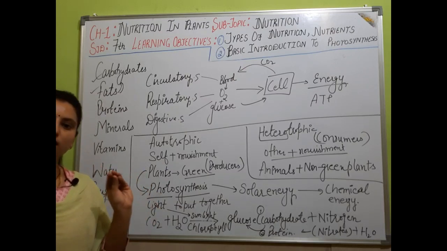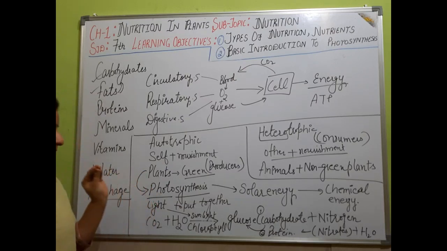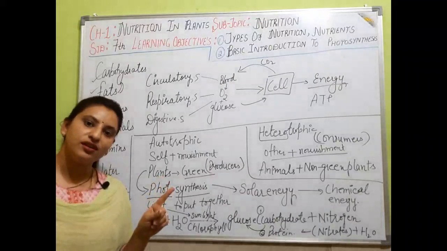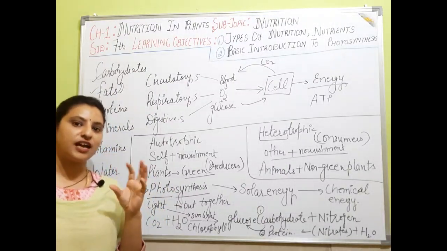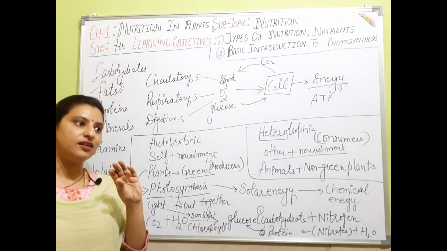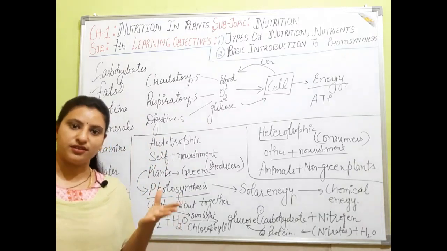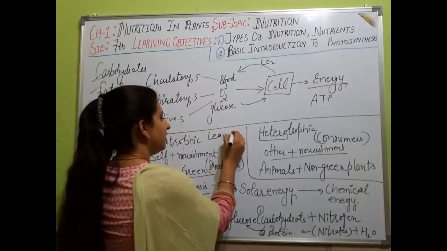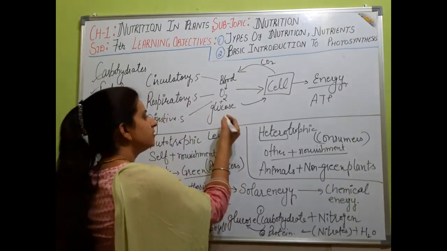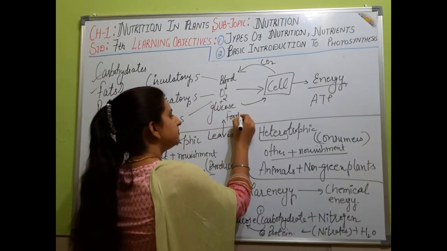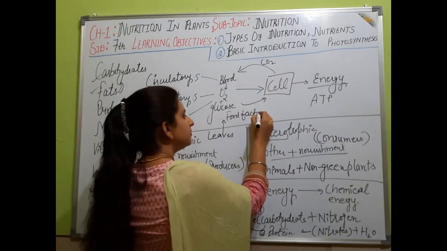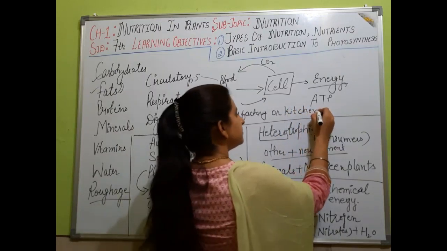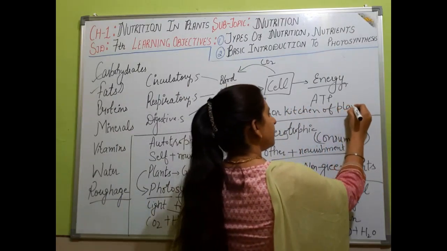Green plants make their food in a very special type of part, that is leaves. And leaves are called the food factory or kitchen of the plant. Why?